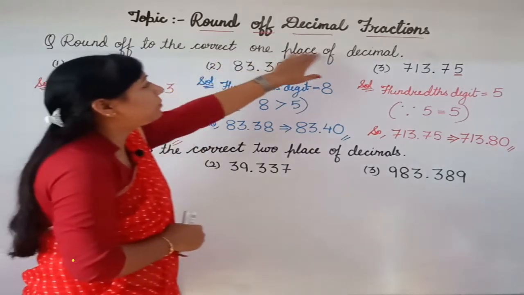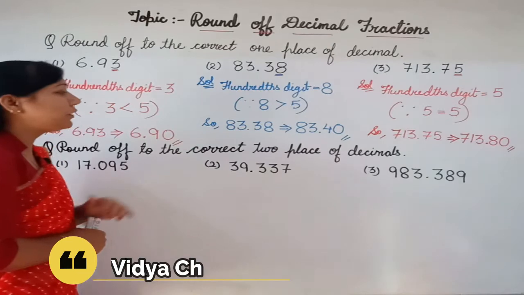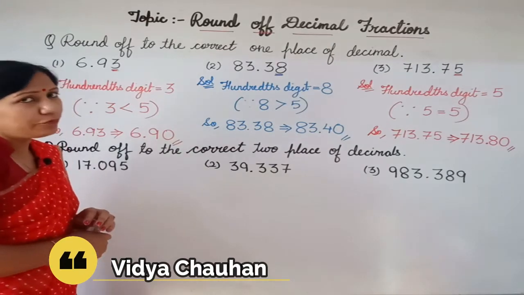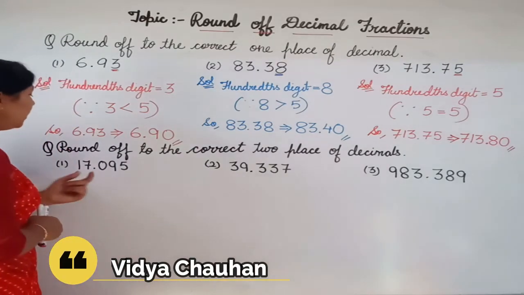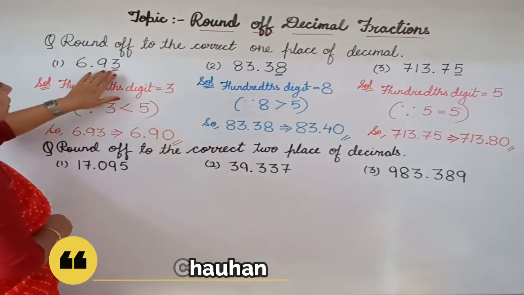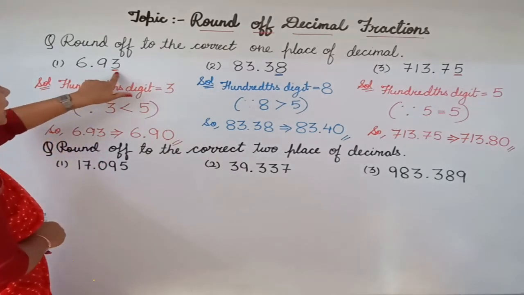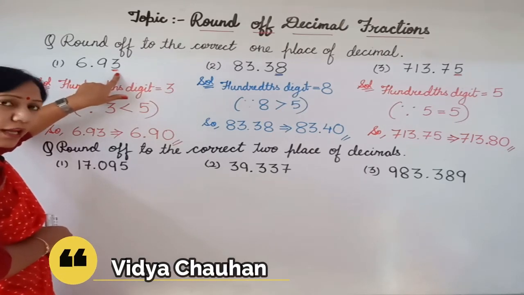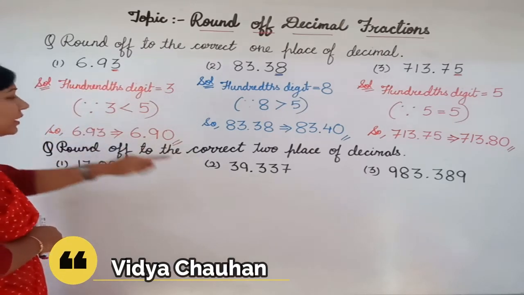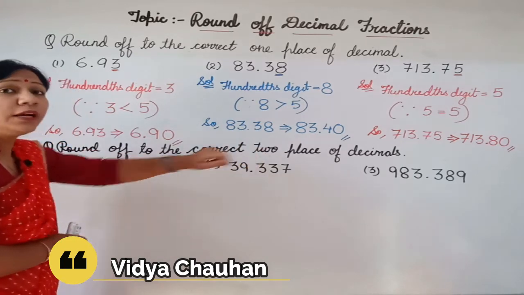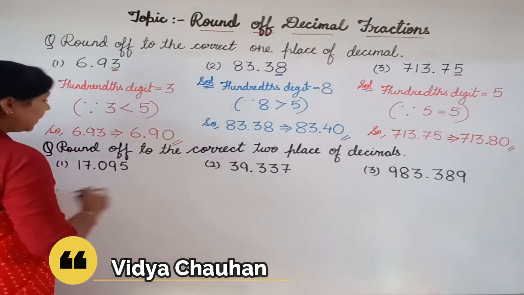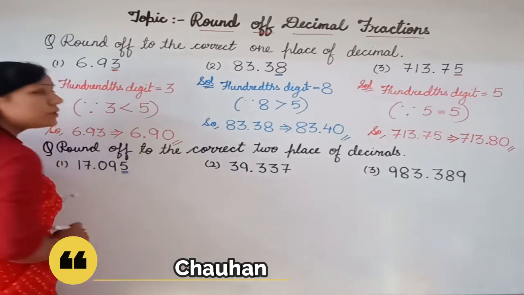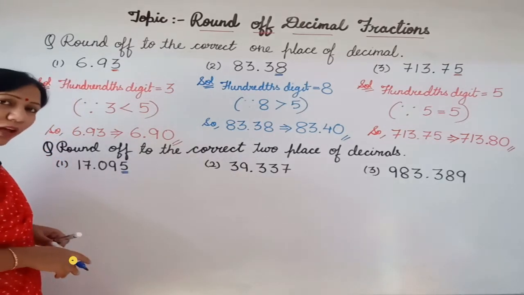Earlier we did 1 place of decimal. When rounding off to 1 place value, we considered the digit at the hundredths place. Now, since we have to consider up to 2 decimal places, we will consider the digit at the thousandths place.